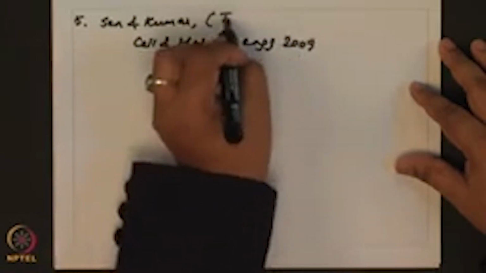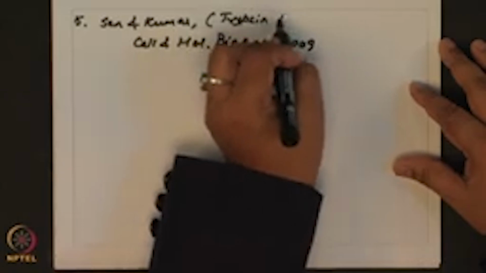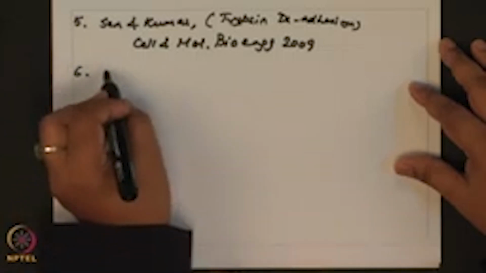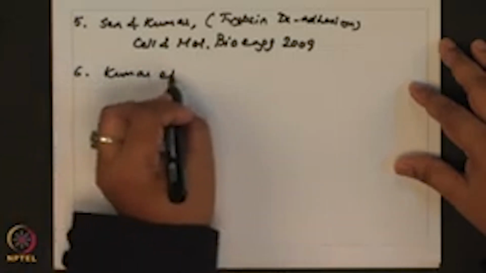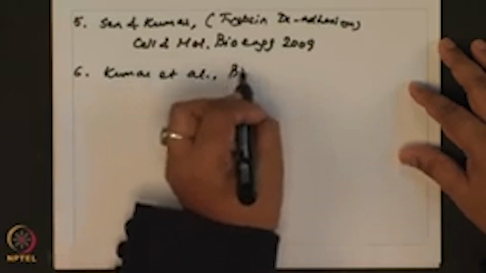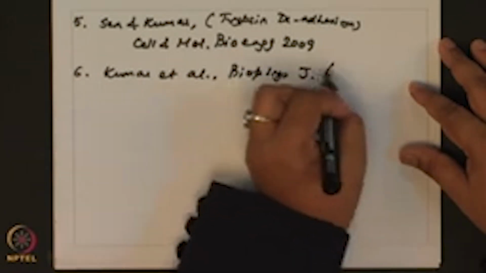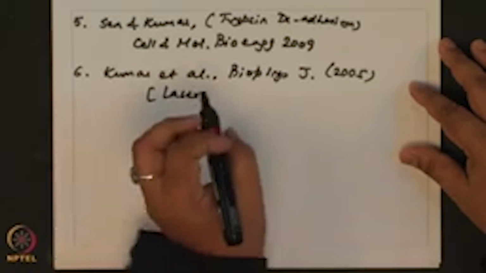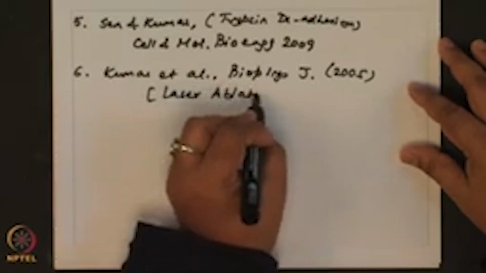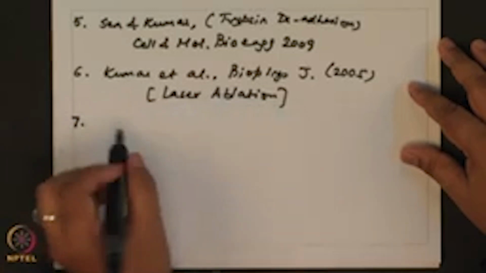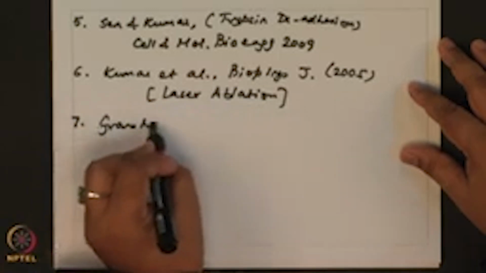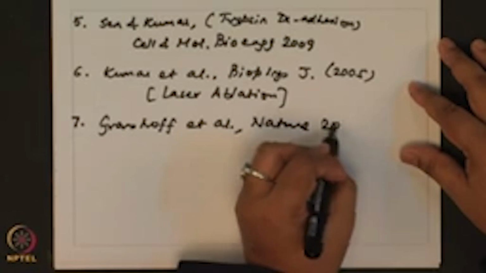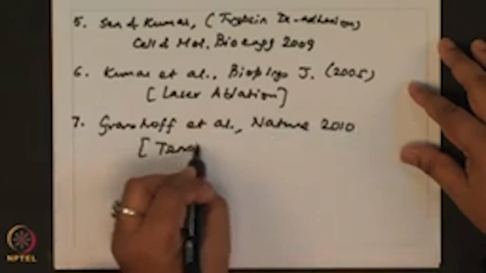This is a paper introducing trypsin deadhesion as an assay for probing cell contractility. This is a 2005 paper which introduced laser ablation for probing contractile mechanics. And the paper I just discussed, on the vinculin tension sensor.